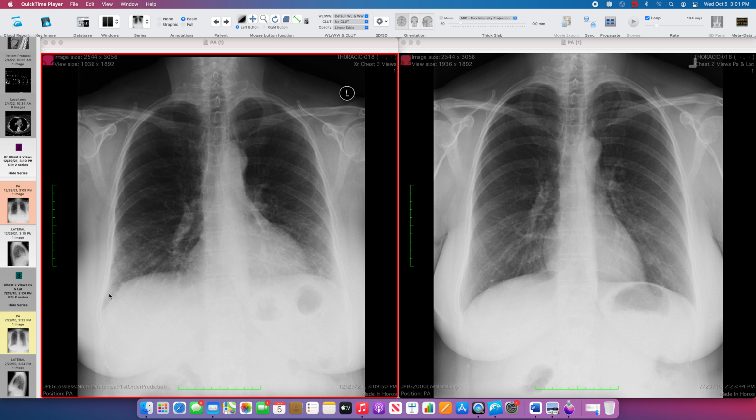Instead, what we're seeing is a bunch of small lines and a loss of the volume of the lung, and as it does that, distortion of the normal architecture. So architectural distortion, volume loss, these fine linear opacities that we describe as reticulation.